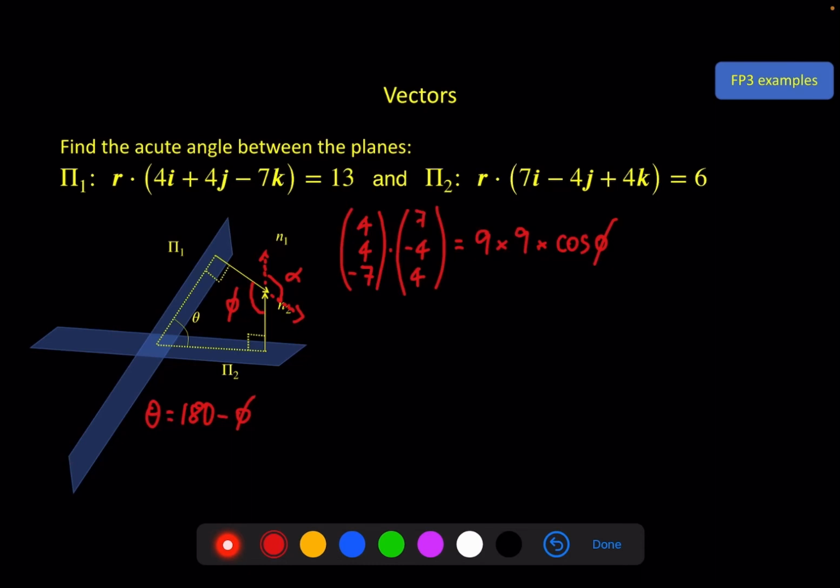And then we've got 28 minus 16 minus 28, so we get minus 16 is 81 cosine of phi. So the inverse cos of minus 16 over 81 is our obtuse angle.